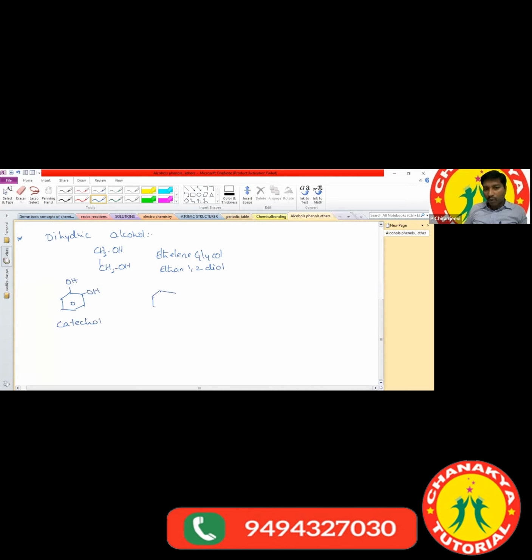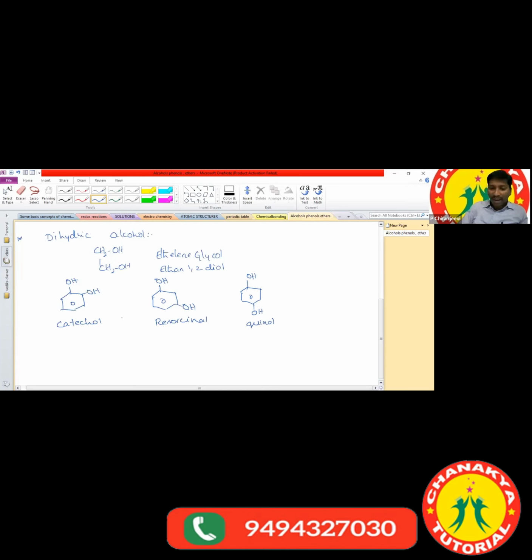If the two OH groups are at the 1,3 position, we call it resorcinol. If the two hydroxy groups are in opposite positions, one OH here and one OH there, this is hydroquinone.